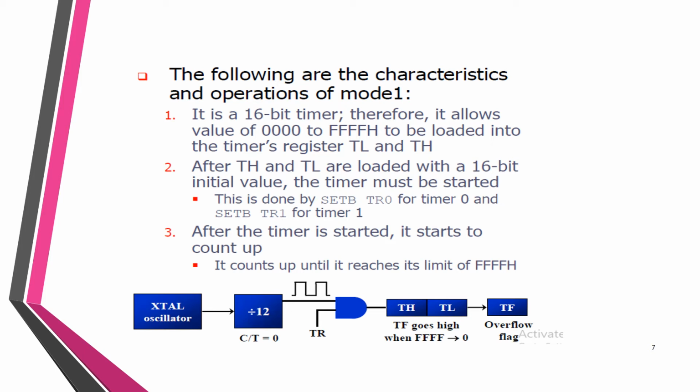in the TMOD register. The hardware way of starting and stopping the timer by an external source is achieved by making the gate bit 1 in the TMOD register. To avoid confusion, we are making the gate bit 0, and through the instructions in the program, that is SETB or CLR of the respective timer register, we are setting or resetting the timer.